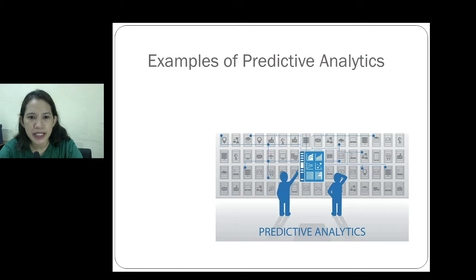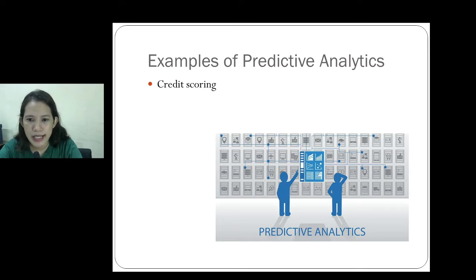Examples of predictive analytics are the following. The widespread adoption of predictive analytics coupled with the accelerating availability of data has increased organizations' capabilities throughout the economy. A few examples are, first, credit scoring.